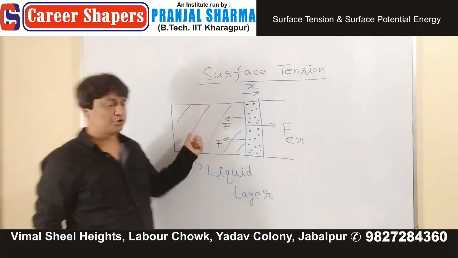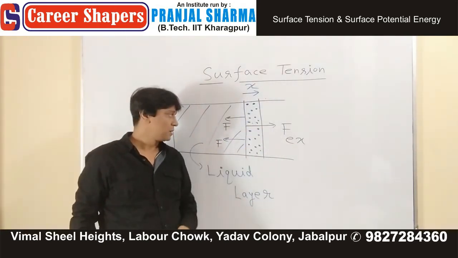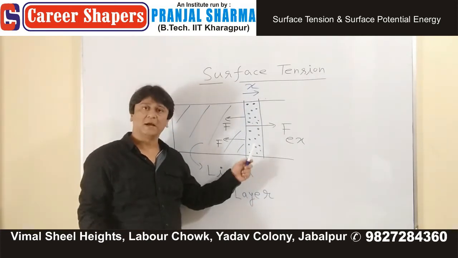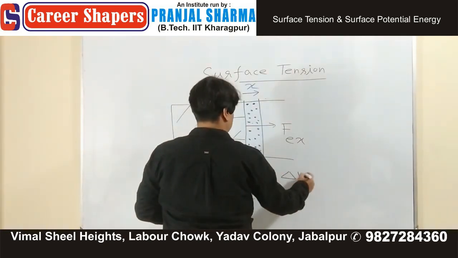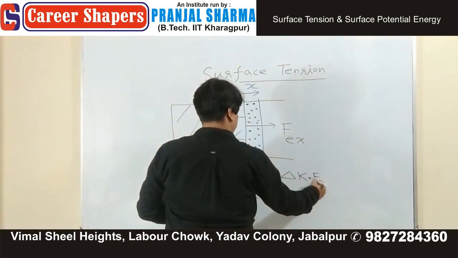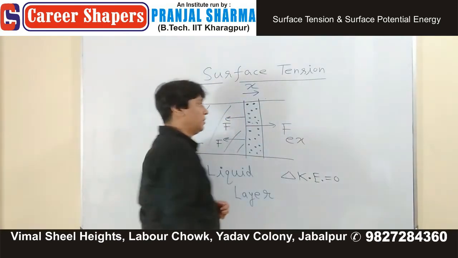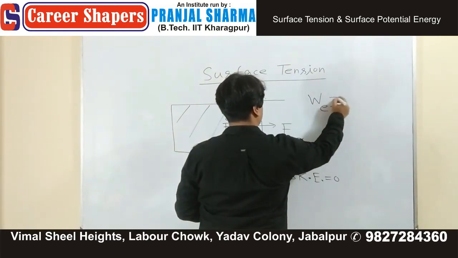These lines show the original surface area, and the dots show the increment in the area. The question is that we are moving the rod such that change in kinetic energy is zero. Then find out work done by the external force.